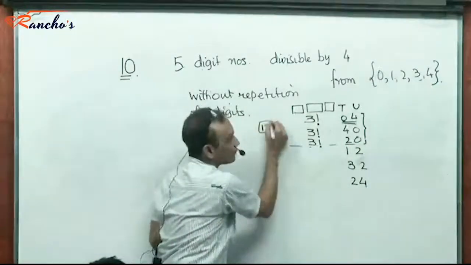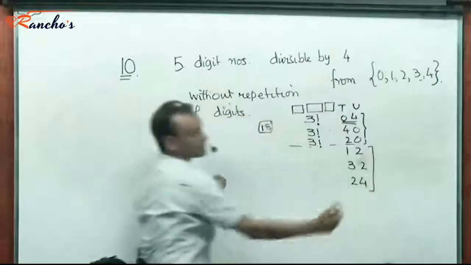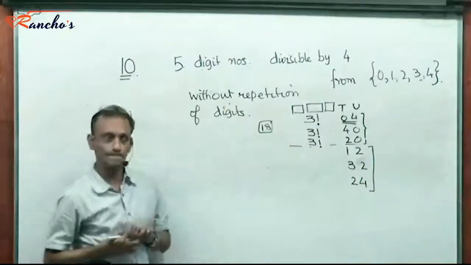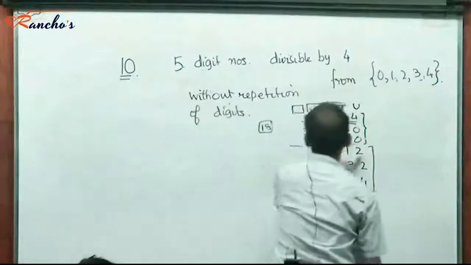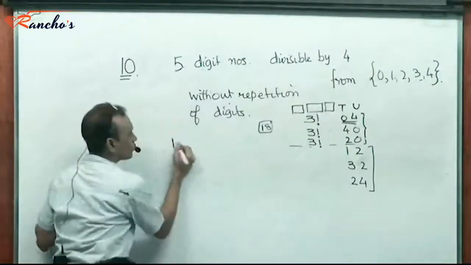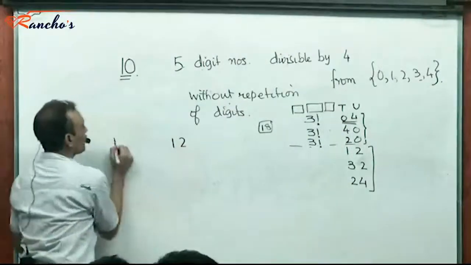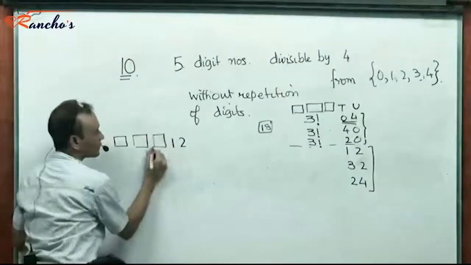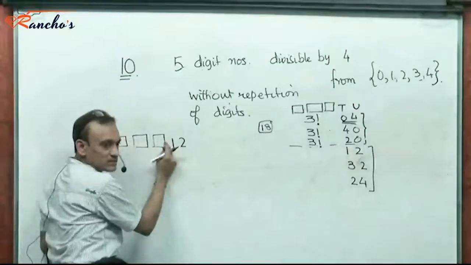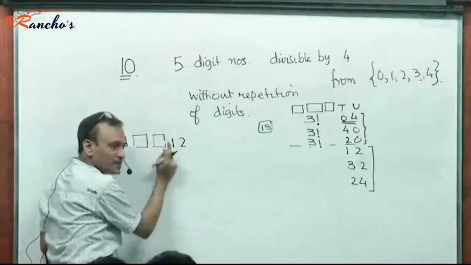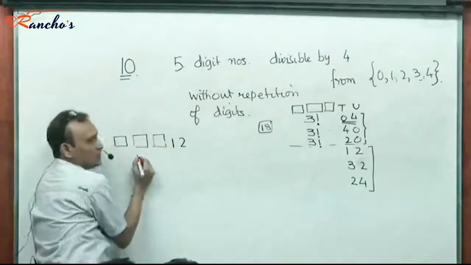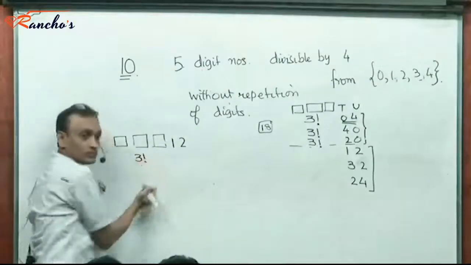Now, let me look at these cases. Right? Now, for example, 1, 2. And there are 3 spaces. There are 3 digits, right? So the 3 spaces can be filled up in 3 factorial ways.